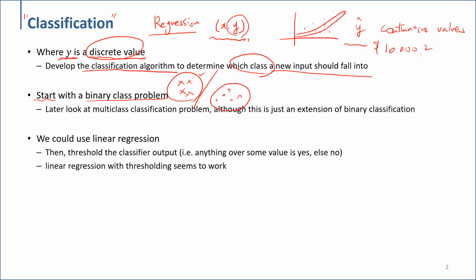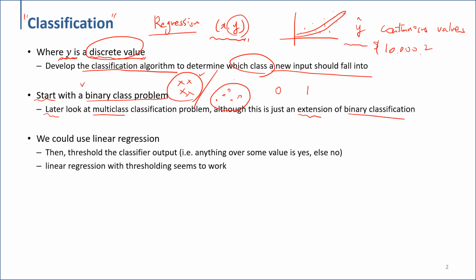So from the very starting point, we're going to start with a binary class problem. So it could be predicting a value between 0 and 1. And later, we're going to extend to a multi-class classification problem, and this is just an extension of binary classification.